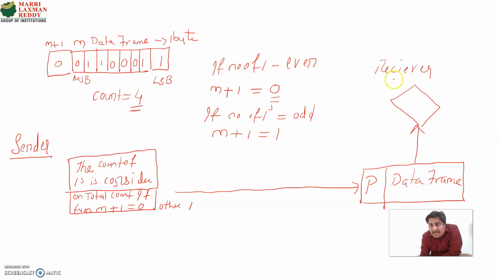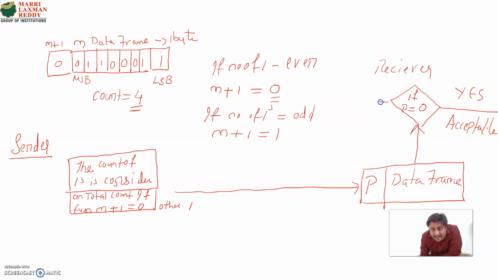So what will be the condition? If the parity bit is equal to 0, we will say yes, the data frame is acceptable.